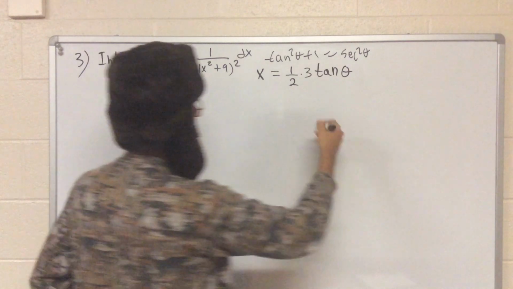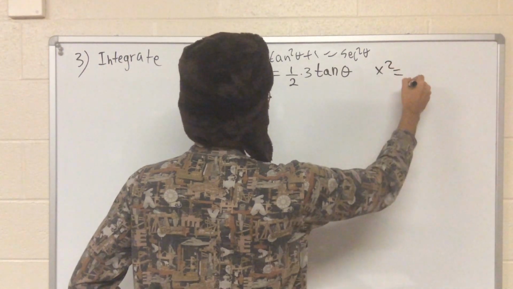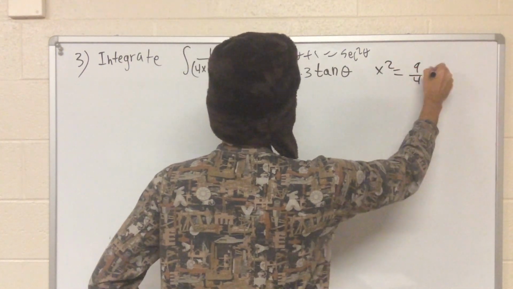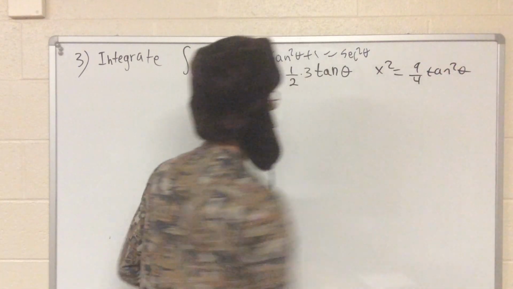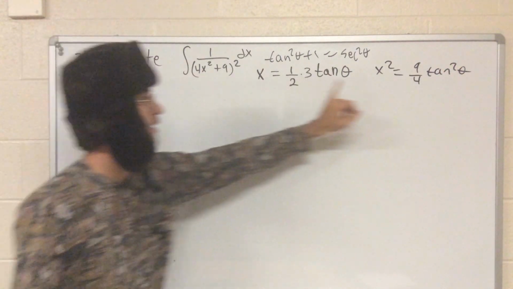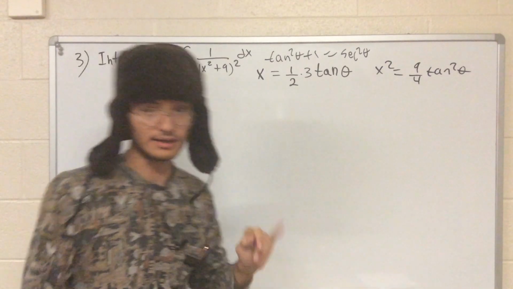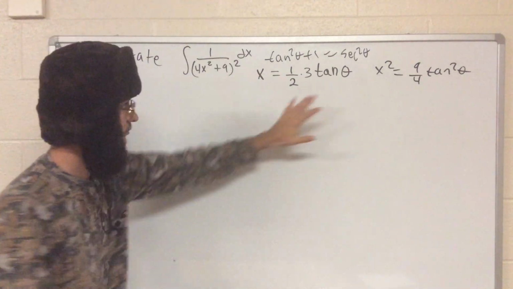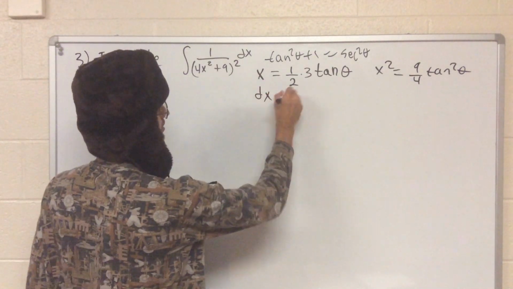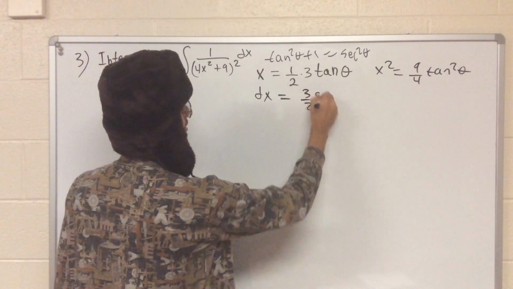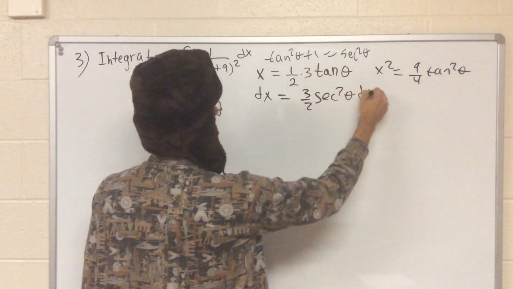So what happens when you square it? Well, x squared will be equal to 9 over 4 tangent squared theta. As you can see, the 1/4 will cancel out, and we can factor out the 9. Now, let's find dx. The dx is just going to be 3/2 secant squared theta d theta.